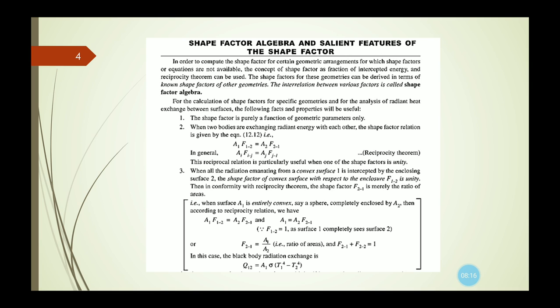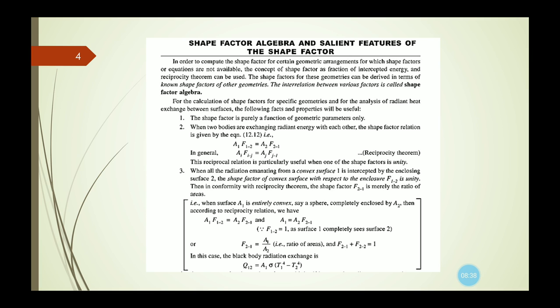This reciprocity relation is useful when one of the shape factors is unity. In that case, if the areas of the two different geometrical shapes are known, then we can easily calculate the shape factor of the other geometrical shape.